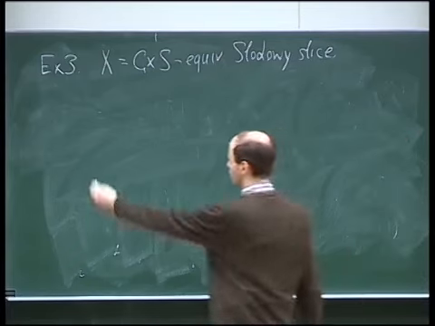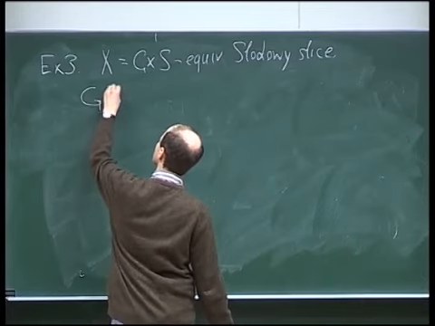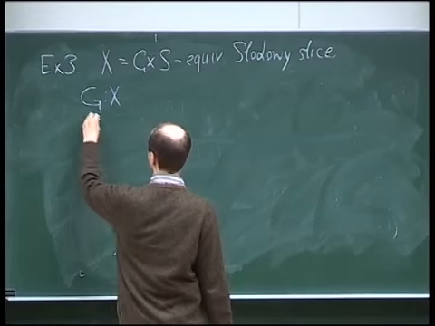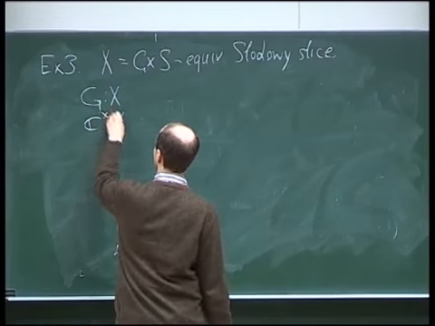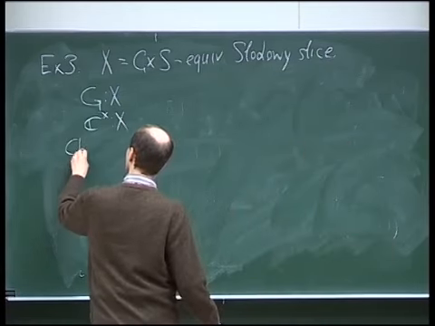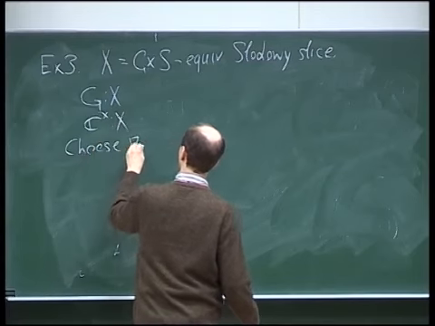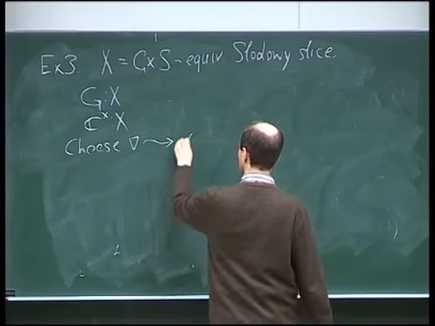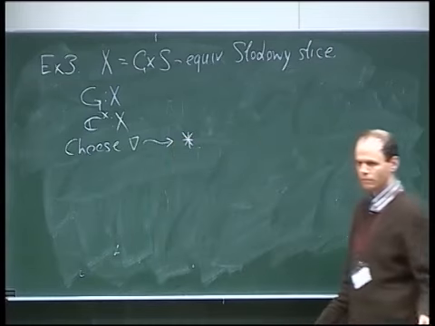And we have our G action, and we have the T times action. Then we choose a connection and produce a star product.